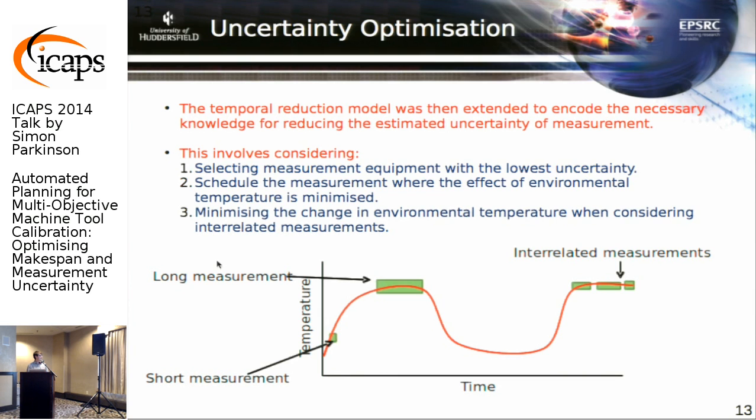The ideal would be to schedule measurements where the temperature difference throughout the measurement is at its lowest. Also, with the kinematic chain of the machine, where any error propagates through it, you want to make sure you measure them as close together as possible, when the temperature is at its most stable, so that the uncertainty is reduced.